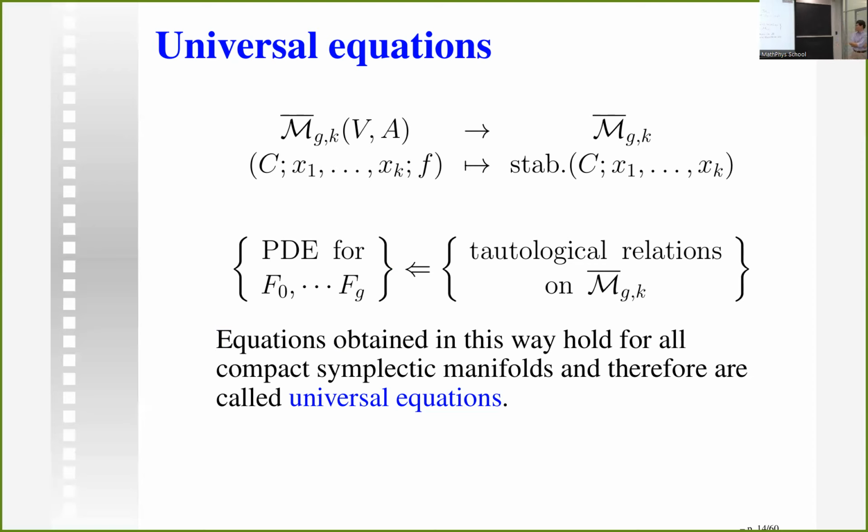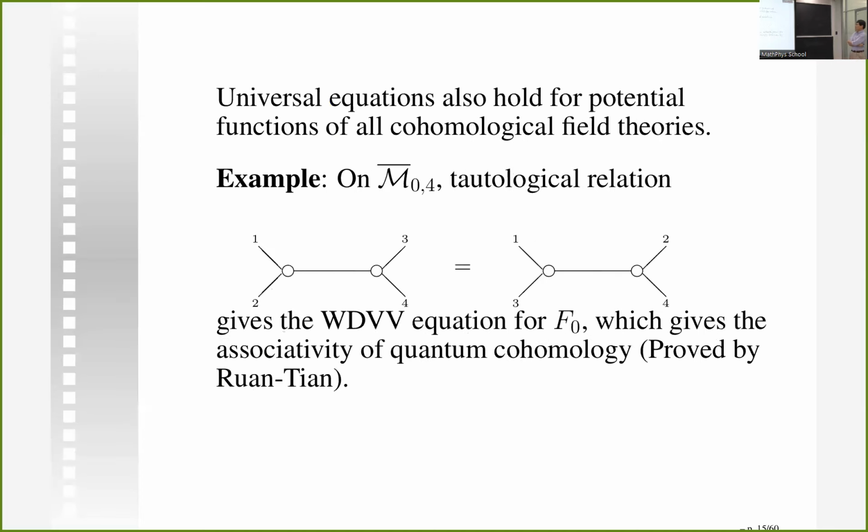Those equations actually hold for the Gromov-Witten theory of all compact symplectic manifolds, so we call them universal equations. In fact, they hold in a much larger setting: they hold for all cohomological field theories, for example FJRW theory too. In that sense, such relations have a lot of implications.